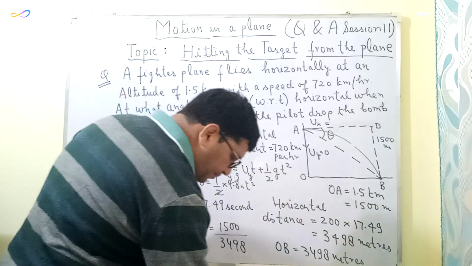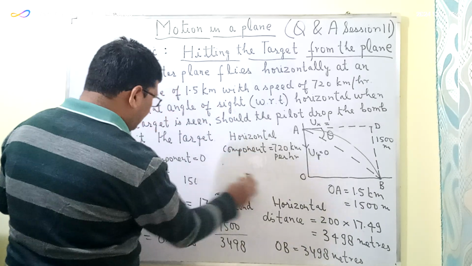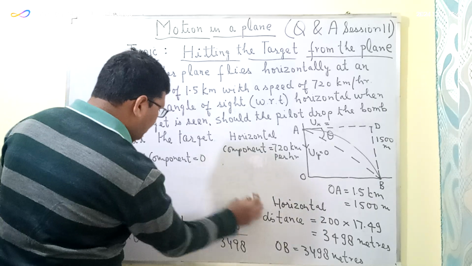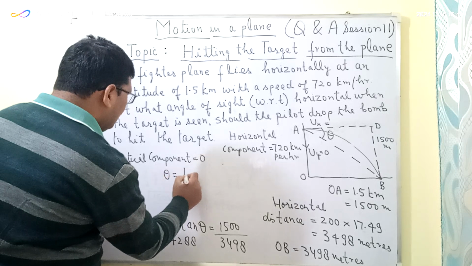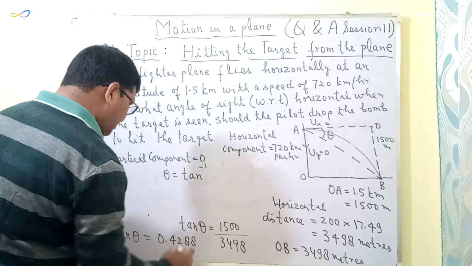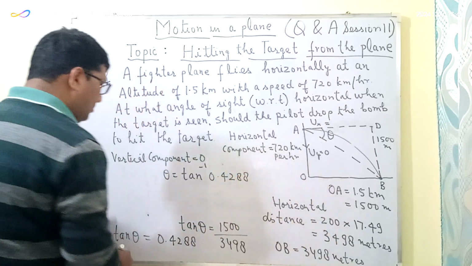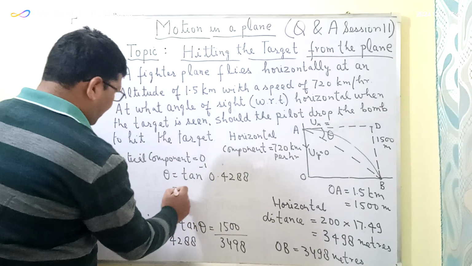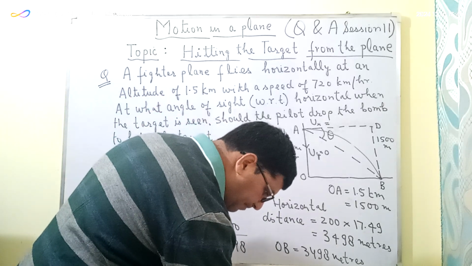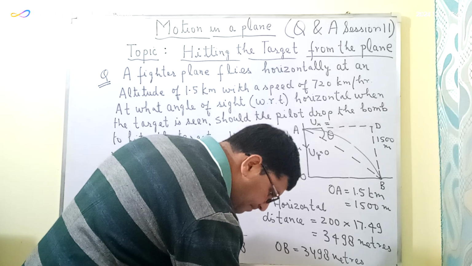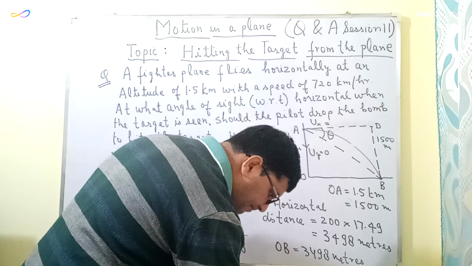Or we can simply say that theta will be equal to tan inverse 0.4288.